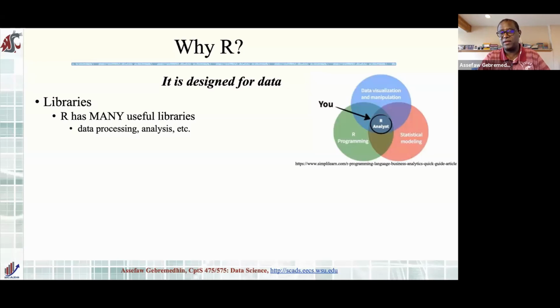One of the interesting features about it is it has got so very many libraries, and this will be a point that will be repeated again. The libraries are for data processing, data analysis, and many things. And it being open source and free has made people contribute.